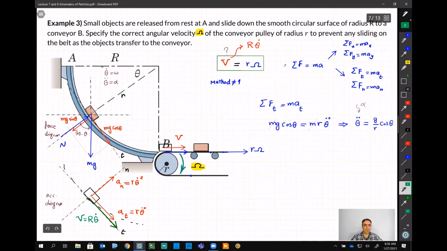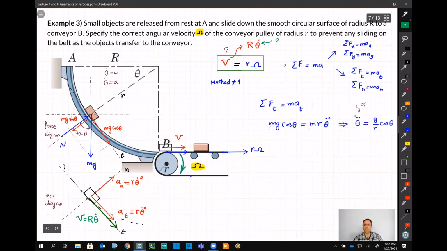This is something that we know from circular motion. And what is theta dot? It's omega. We call it theta dot or omega. So I need to find this theta dot. This is my question. I found theta double dot, but I need to find theta dot.